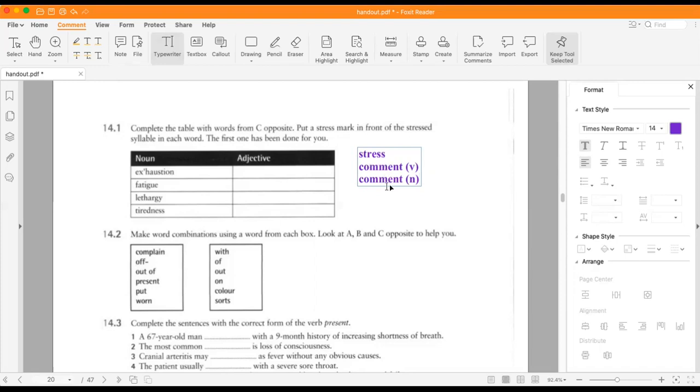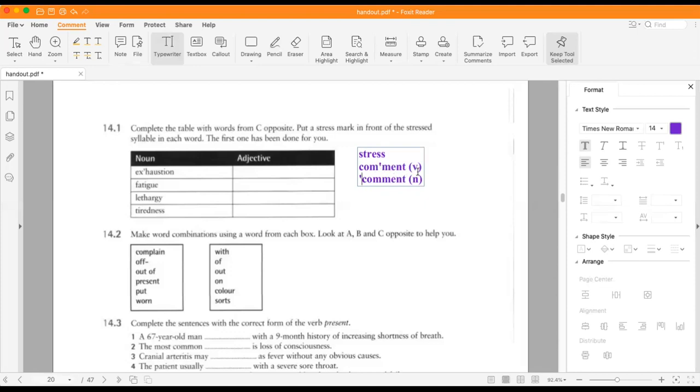Here the difference is in the stress. When we say comment, the stress is here. When we say comment, the stress is here. Again, this word consists of two parts. Part 1, come, and part 2, meant.